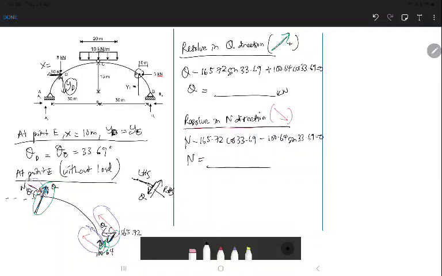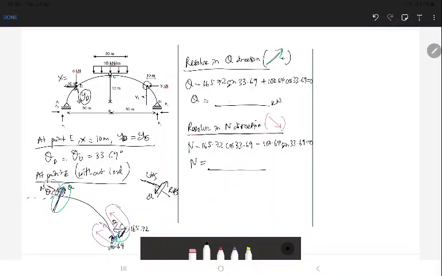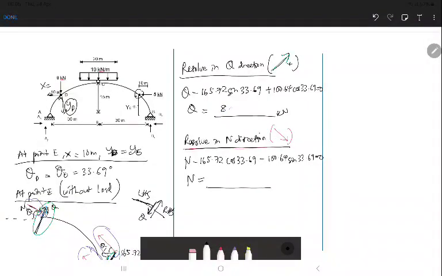So how much? The value is this one should be 8.19. This one should be 193.71. Okay, this one is without loading.